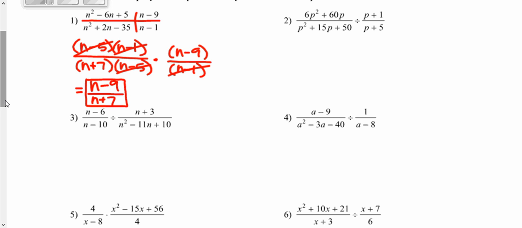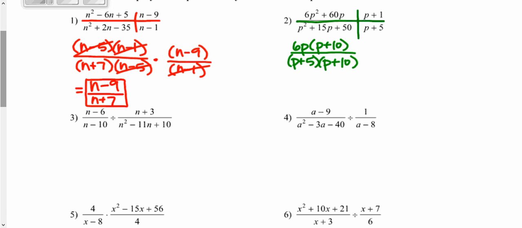All right, so in number 2, we're going to approach this in a similar way. We're going to first think about factoring these. So the common factor in the numerator is a 6p, which would leave us with p plus 10. In the denominator, numbers that multiply to 50 and add to 15, that's 5 and 10, so p plus 5, p plus 10.